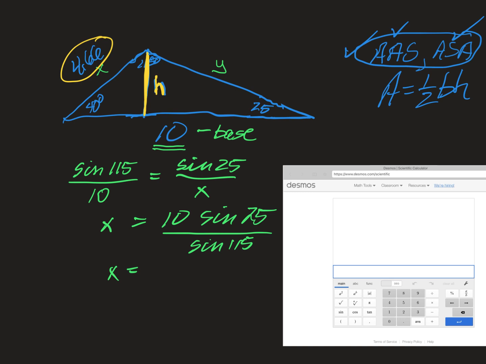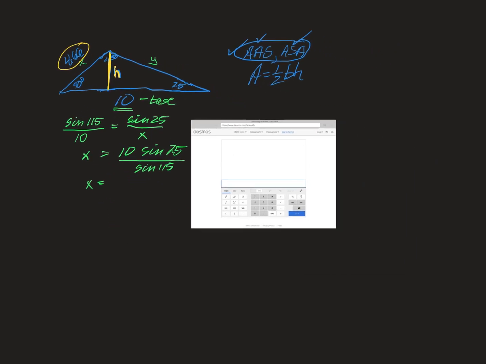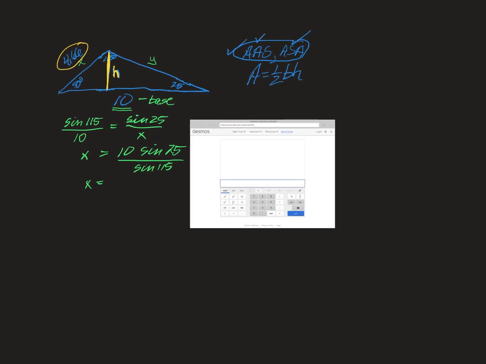But I want to come back to this right here, this expression. So let's shrink this up a little bit. And I'm going to rewrite that expression. What I had was the sine of 40 equals h over 10 times the sine of 25 over the sine of 115.